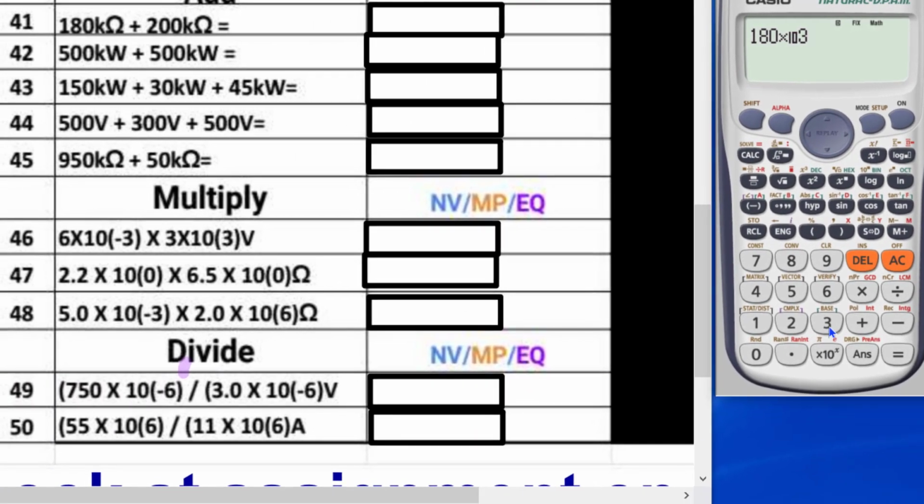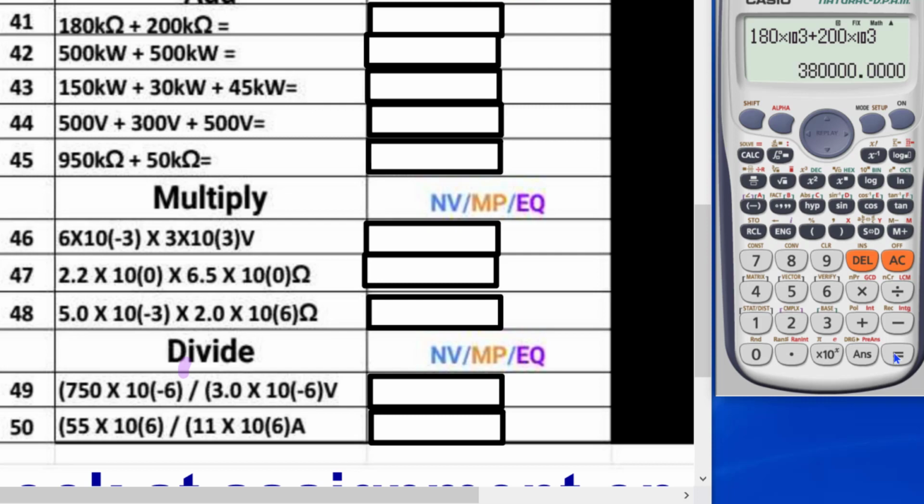Now I'm going to enter my second number, so I'm going to hit plus. I'm going to put 200. And again, I'm going to hit my exponent button, times 10 to the third again.